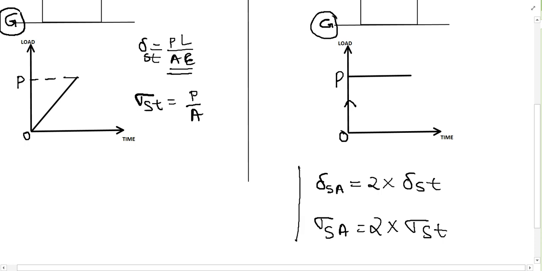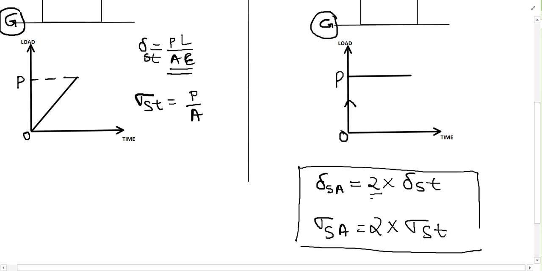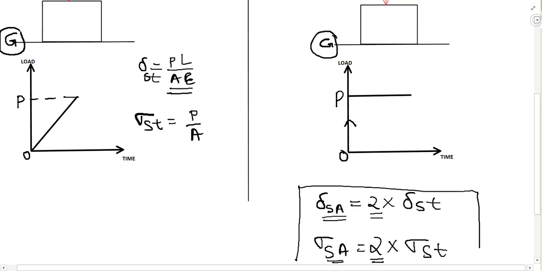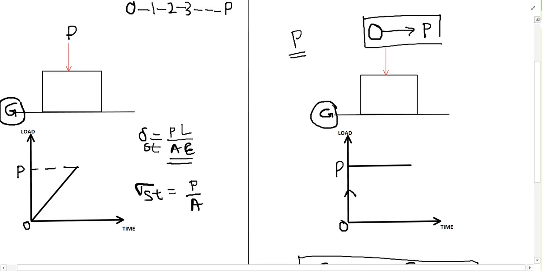So this is actually what we should remember. Whenever the load is suddenly applied, we have to multiply by a factor of 2 to get the actual elongation and the actual stress that gets developed in the block because of this suddenly applied load.